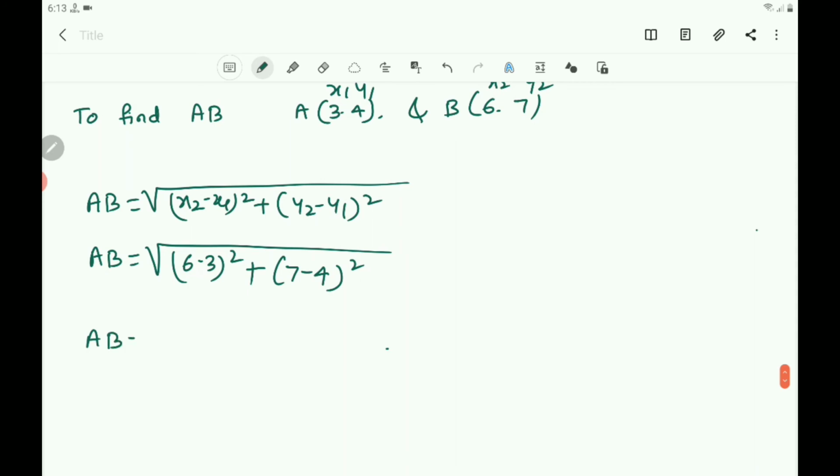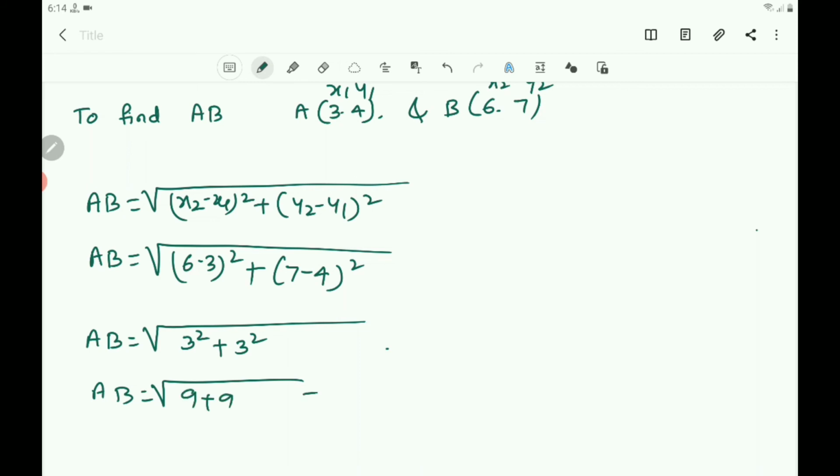That is 3 square plus 3 square, 9 plus 9, you got 18. AB equals root 18.